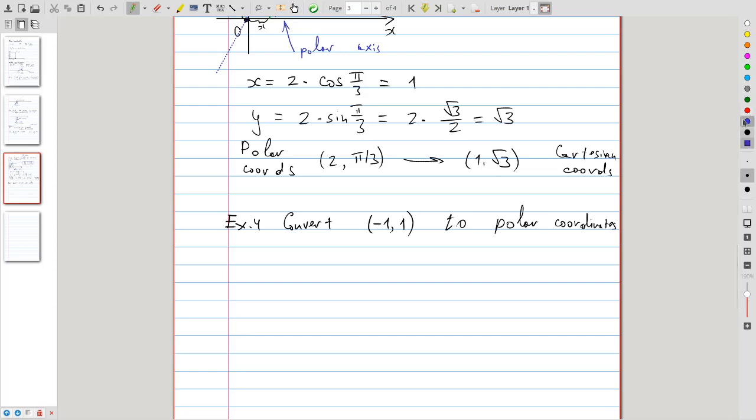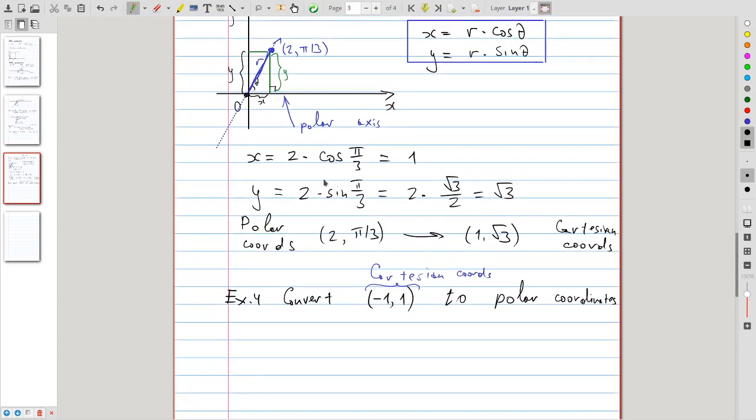So this silently assumes that this pair here is the coordinates of our point in the Cartesian system. Okay, so again, we will need our picture over here.